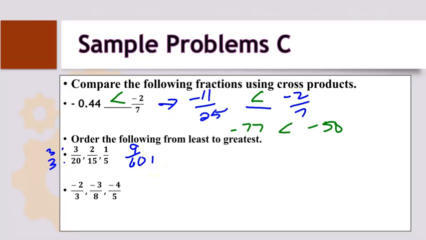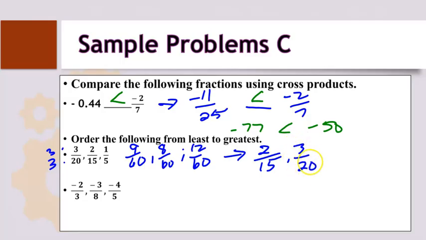Next one would be multiplied by 4/4, so it would be 8/60ths. Multiply the other one by 12/12ths, that's 12/60ths. So if I put it from smallest to largest, that would give us 2/15ths is the smallest, then 3/20ths, and the largest one would give us 1/5.